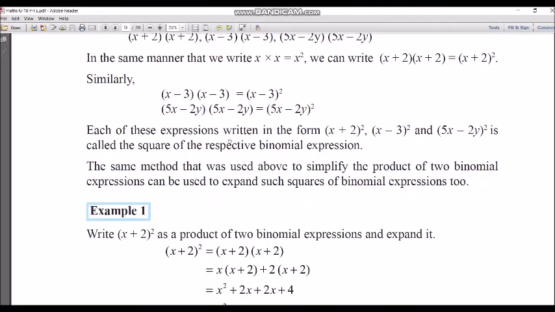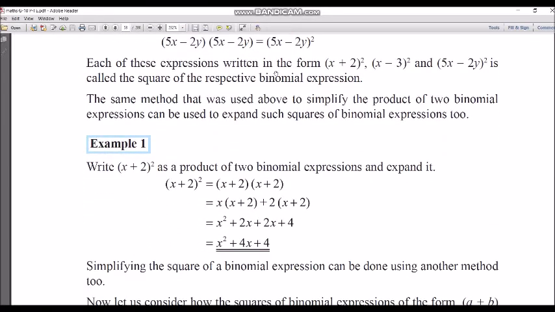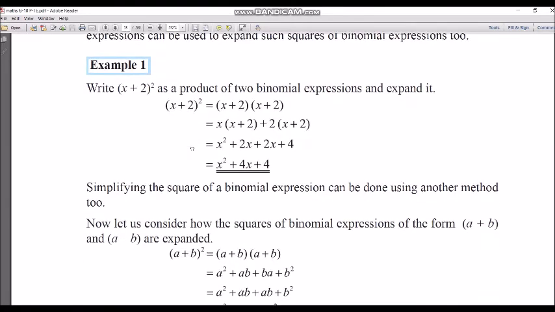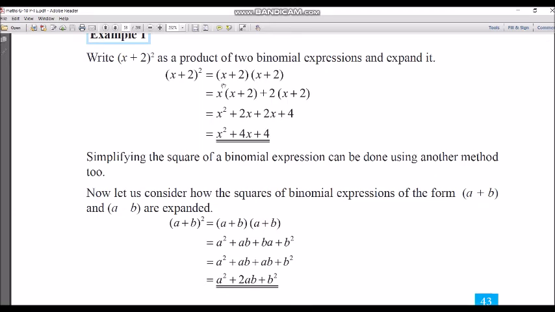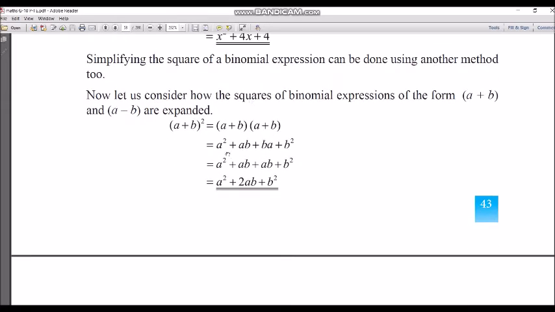It is a special case of the normal binomial expression. So here in the example, they have used the same way we have used to simplify an expression, but when we go to this common expression, we can see there's a relationship.